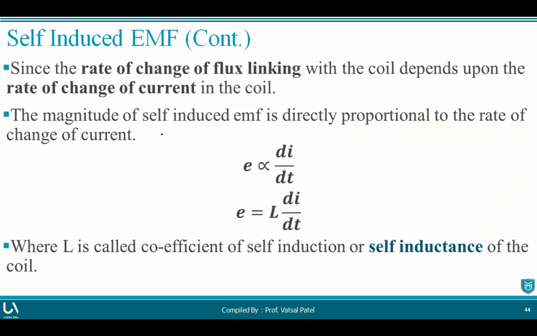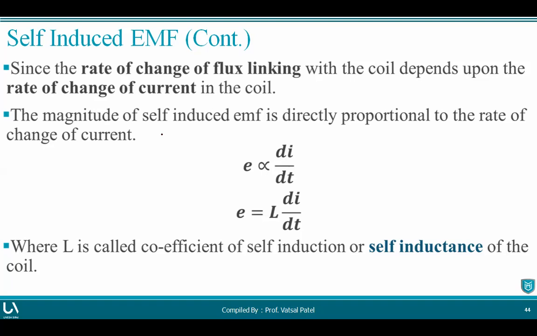So whatever the amount the current is changing with respect to time determines the amount of flux produced, and that is the quantity we identify to find the induced EMF. The magnitude of this self-induced EMF is directly proportional to the rate of change of current with respect to time. That's why it is written E is proportional to di by dt.